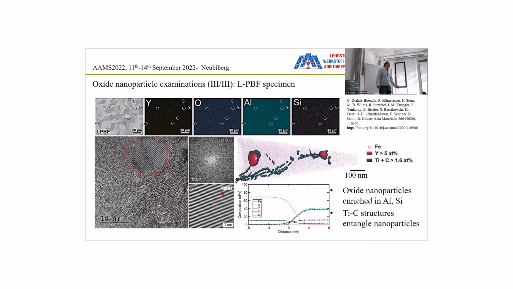In the LPBF specimen, we were a bit more lucky, and of course this interparticle spacing is a little bit lower. So we actually find particles. The chemical composition is rather the same. Here we even had the chance to do some TEM measurements and determine the structure. So this is a YAG phase, basically the crystal inside your solid state lasers.